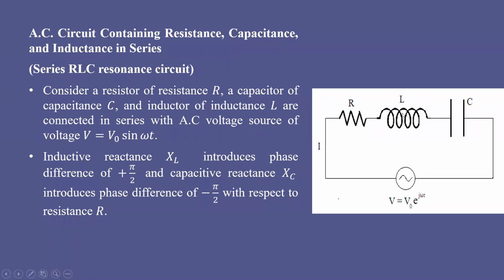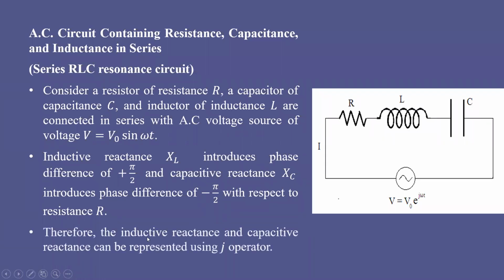In case of inductor, the phase difference of plus pi by 2 is observed. With respect to the capacitor, the phase difference of minus pi by 2 is observed. So therefore, the inductive reactance and capacitive reactance can be represented using the J operator. So plus pi by 2 represents plus J operator, minus pi by 2 represents minus J. Minus J means minus pi by 2, plus J means plus pi by 2 phase difference.